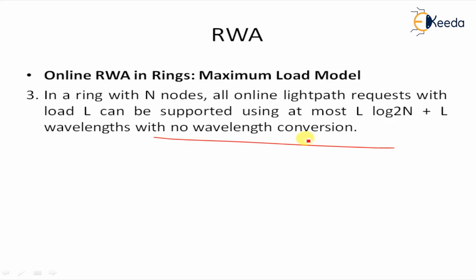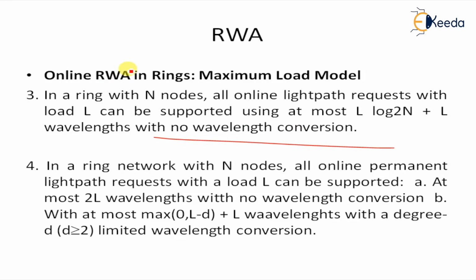So fourth, in a ring network with n nodes, all online permanent light path requests with load L can be supported.